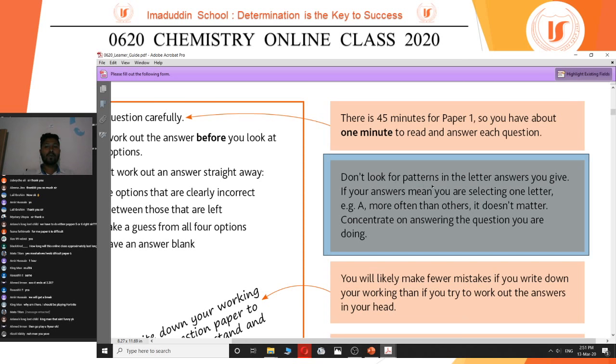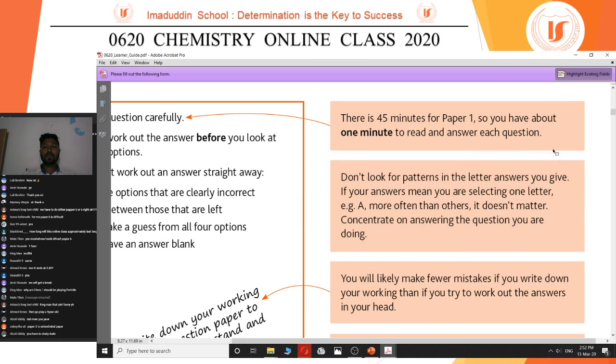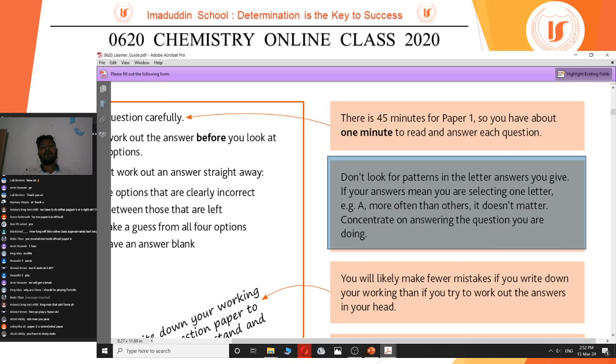This is also another point which I am seeing from many students. Do not look for patterns in the letters when you answer MCQ. Some students, if question numbers 5, 6 and 7, three consecutive questions, have the answer A, they think that question 8 will not be A because of the pattern.